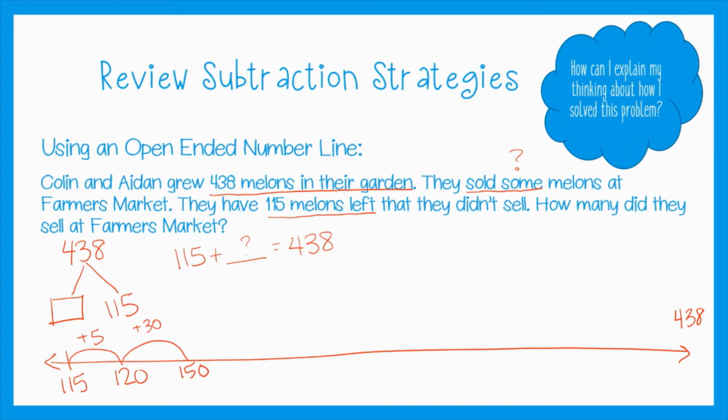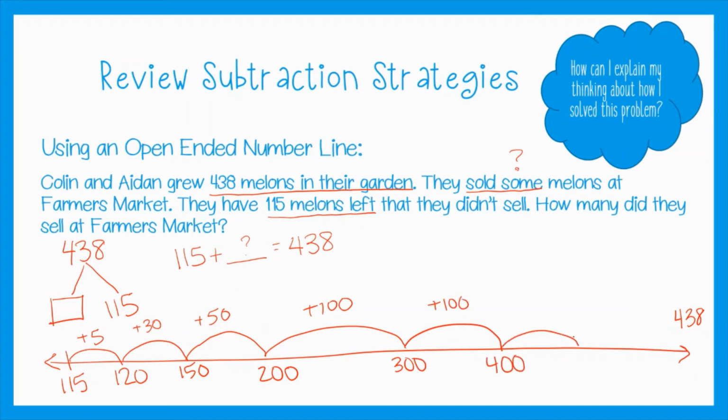Because now I can add 50 to get to 200, and then I can add 100 to get to 300, another 100 to get to 400, and then I can add 30 to get to 430, and then add 8 more to get to 438. So let's add up those hundreds.